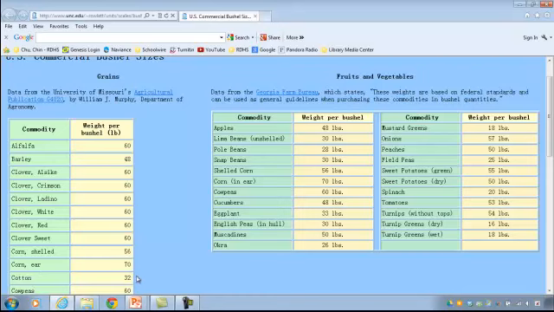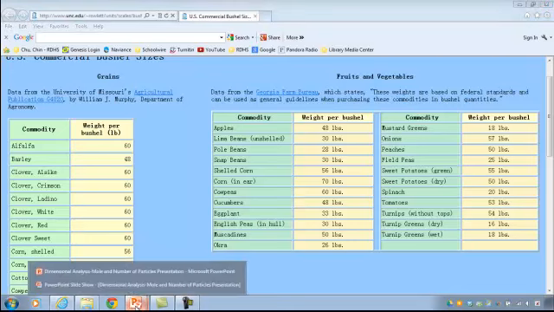Cotton is about 32 pounds, and also the fruits and vegetables. They are equivalent mass in pounds, or weight in pounds. In this case, we use it interchangeably. So then let's switch back.